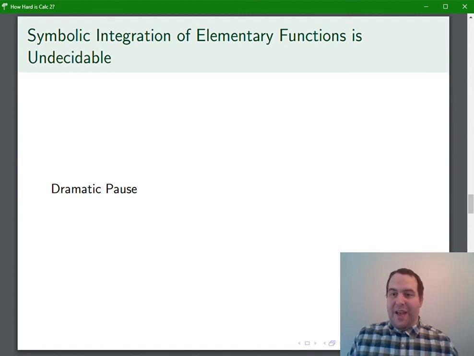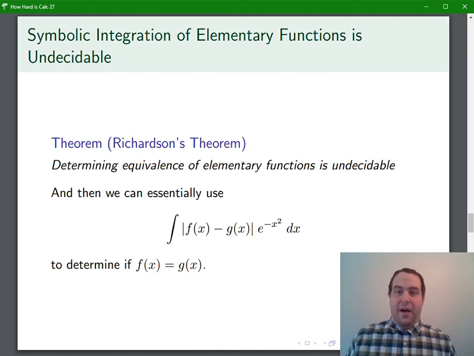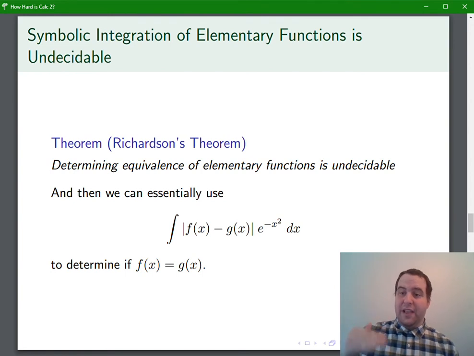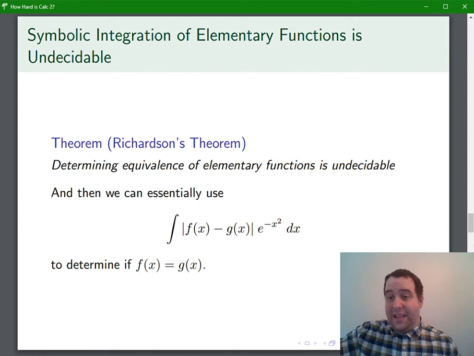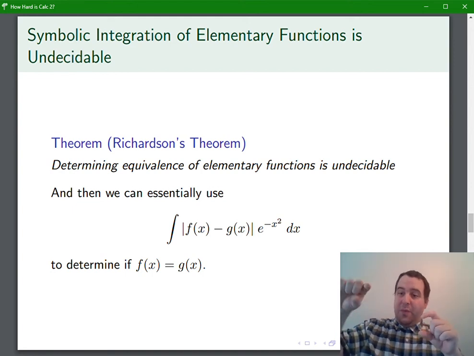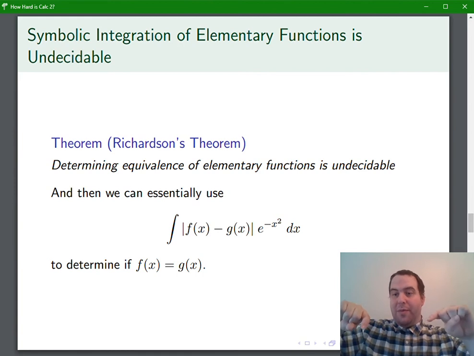Well, it turns out that this actually goes wrong at the very last step. It turns out that determining equivalence of elementary functions is undecidable. Remember, we have this list of potential candidates, and we're taking their derivatives, and of course we can take their derivatives, that's fine, but then we have to check the derivative with the problem formula.